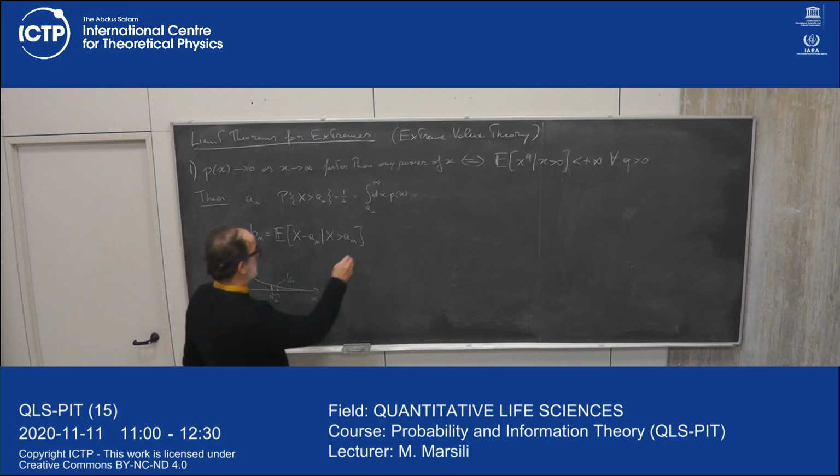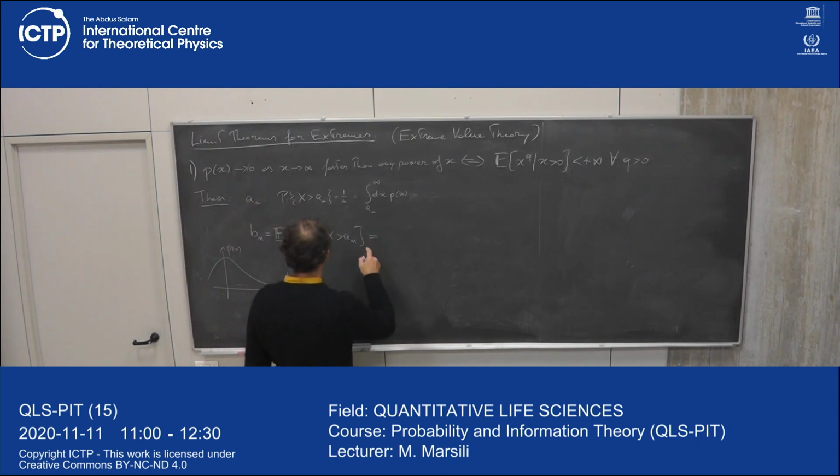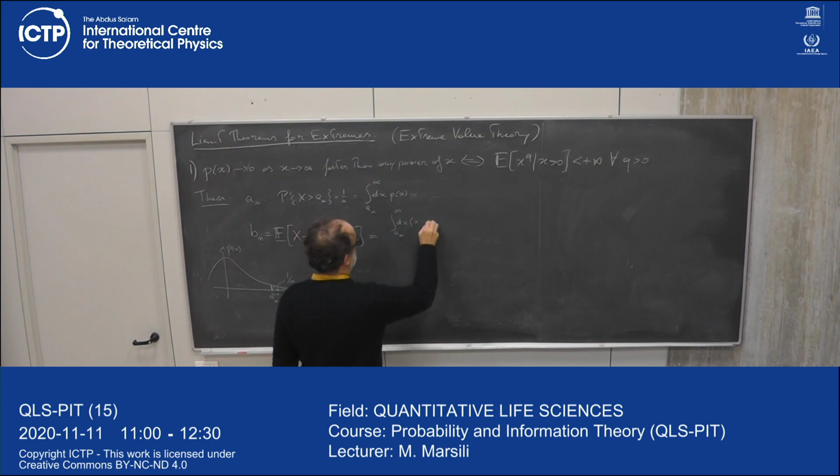Okay, and you can also write it as the integral from an to infinity dx of x minus an times p of x divided by the integral from an to infinity dx p of x.